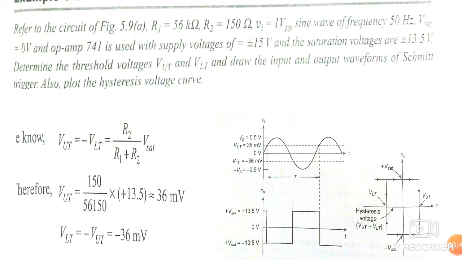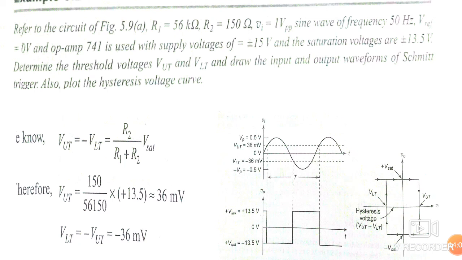So the hysteresis can be calculated here. The hysteresis is given as V hysteresis equal to VUT minus VLT. So the hysteresis voltage can be calculated, and the output waveform is explained here. When the output was plus Vsat, the output of the Schmitt trigger will change when the input becomes greater than VUT. So it will change directly to minus Vsat.